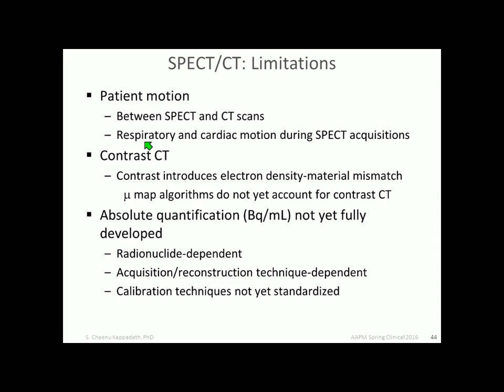So respiratory motion and cardiac motion are still issues in traditional bread and butter clinical SPECT-CT scans. Contrast CT has been explored, but there's still not a push-button solution like you have in PET. In PET, it is a push-button solution to contrast correction. And although there is some work being done on quantification, this is still not mainstream yet. But I think in both these areas there is a lot of work being done, and in the next few years we should see substantial progress.